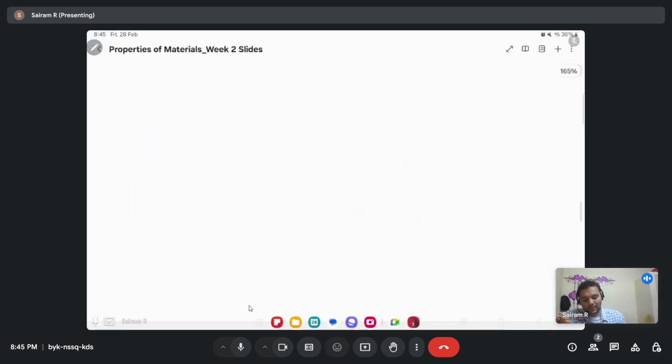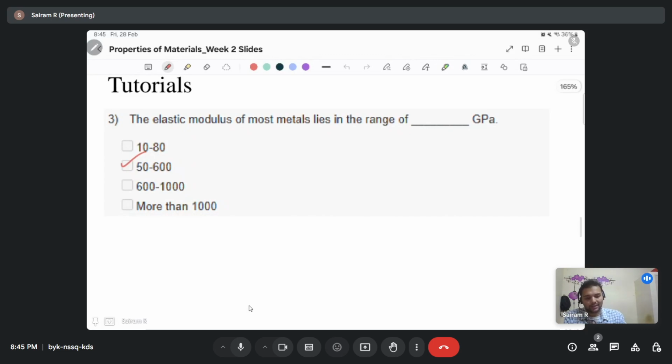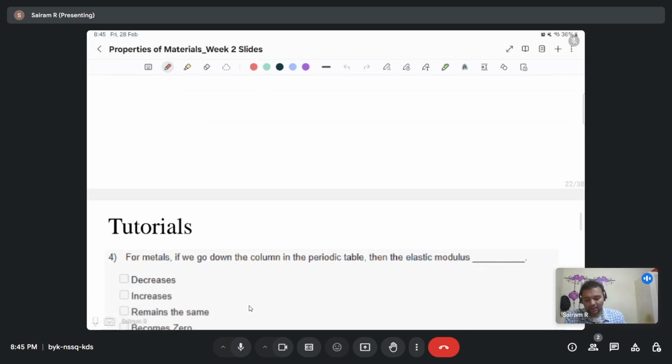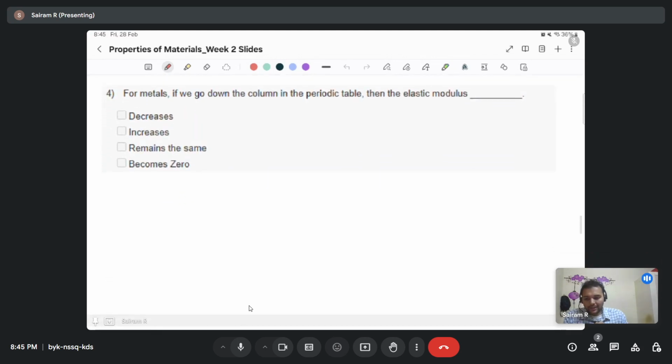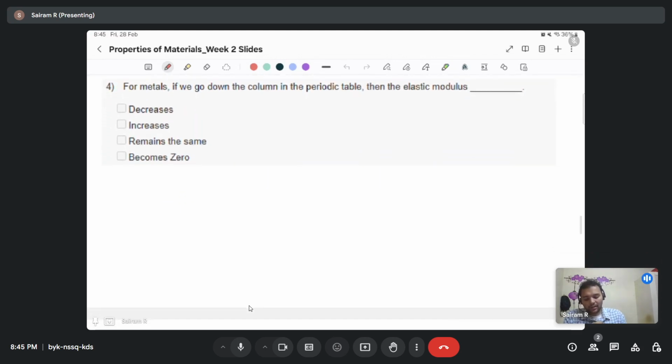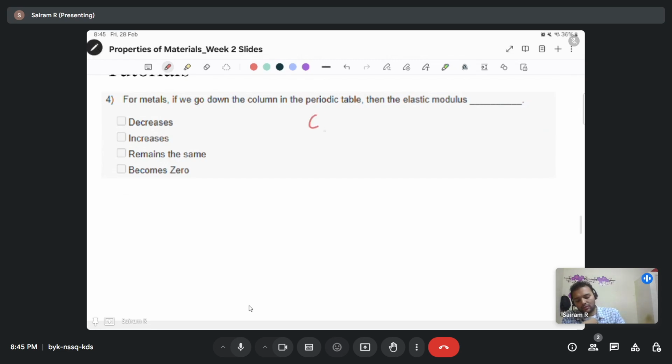So the answer to this question is in the last lecture of the class, lecture 10. For metals, if we go down in the periodic table, as we discussed, when we go from carbon to silicon to germanium to tin to antimony, the elastic modulus seems to decrease.